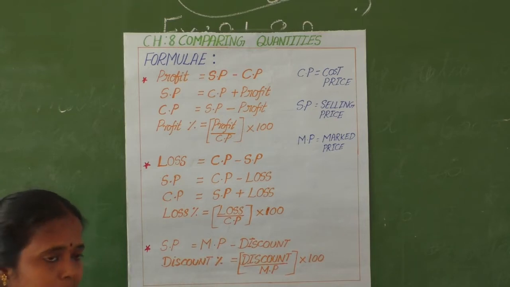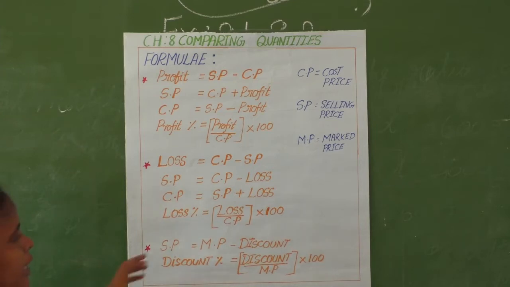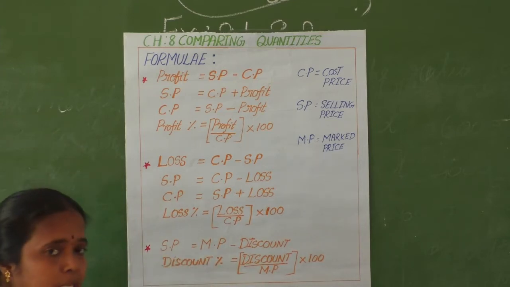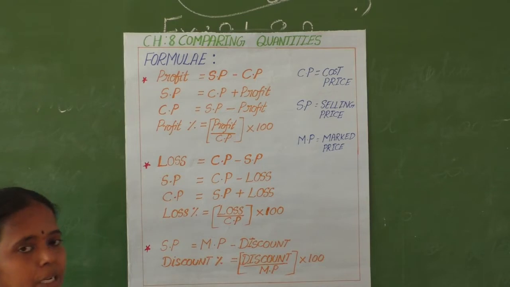That means discount is the reduction amount on the sales price of the particular item. That percentage of amount is to be reduced, and after that only we will give the amount.